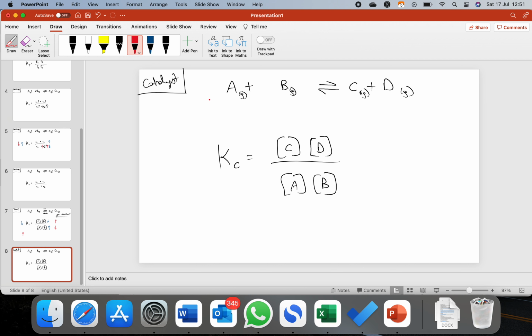You could almost argue that nothing more is produced or used up because the rate of forward and reverse reactions increase equally.